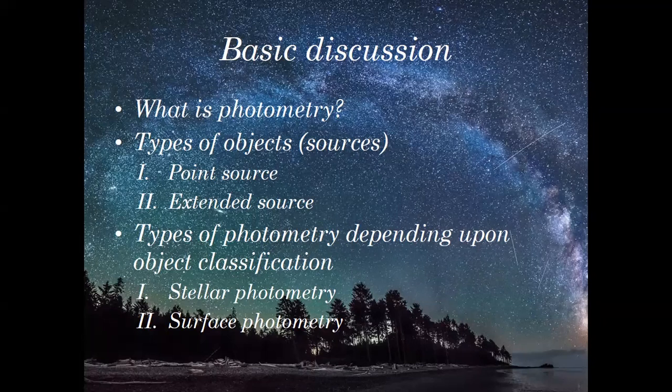The next thing is that there are various types of photometry depending upon the object classification. Depending upon the same, for point sources you will go for stellar photometry, and for extended sources you will go for surface photometry.